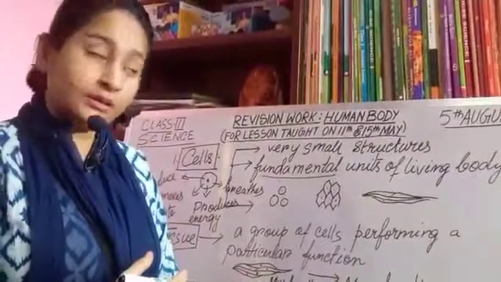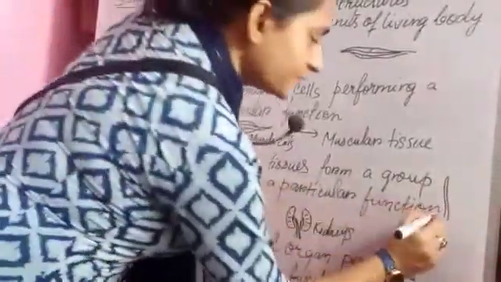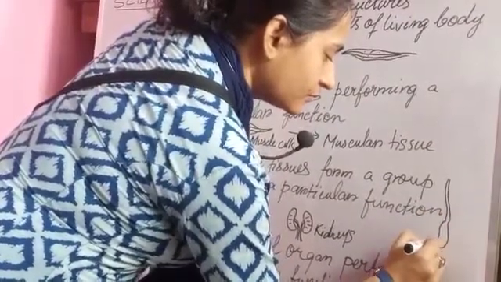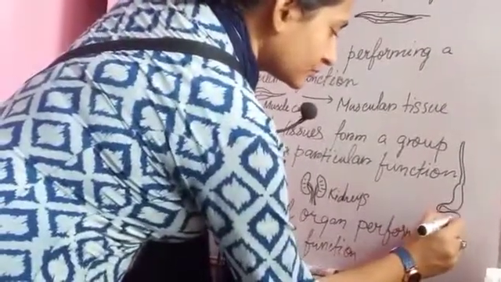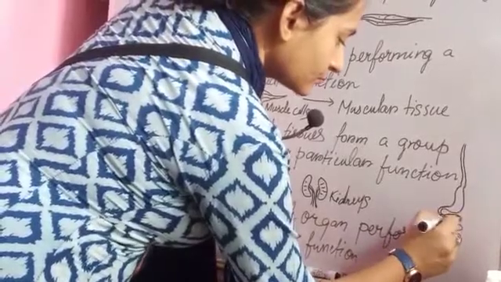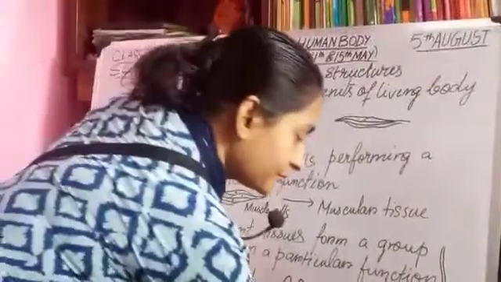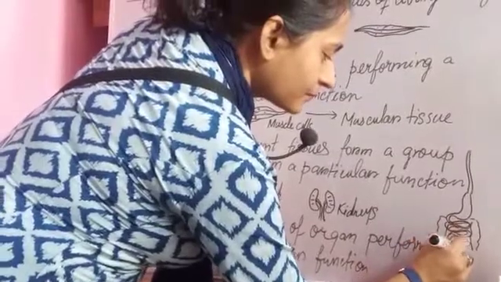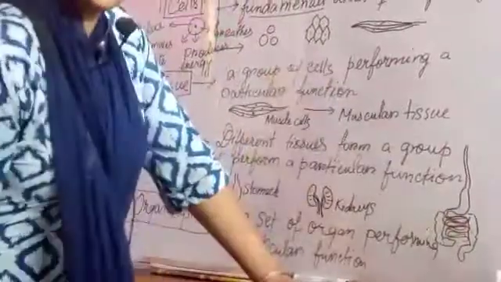Here also I can give you one example. See children, this is our food pipe. This is an organ, right? Now, this is another organ. This is our stomach. This is another organ. This is our small intestine. This is another organ, our large intestine.